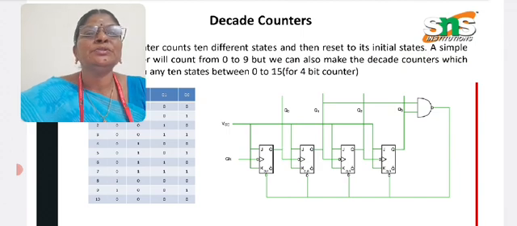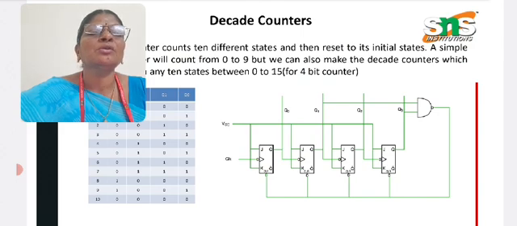So your input is VCC, and I have given a clock pulse here. The inputs are serial and outputs are parallel. So I am giving a serial input VCC and a clock pulse.